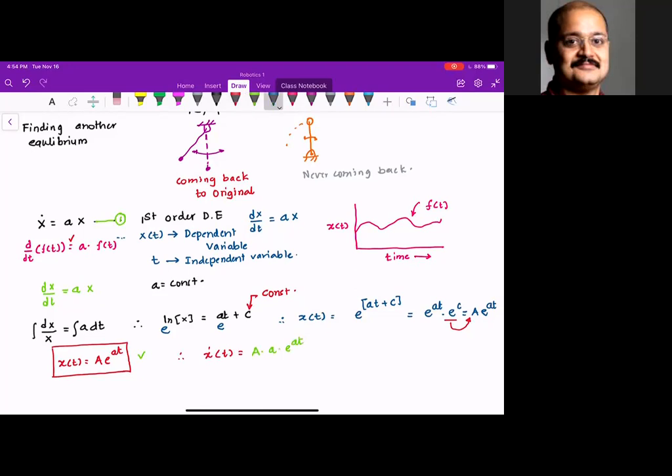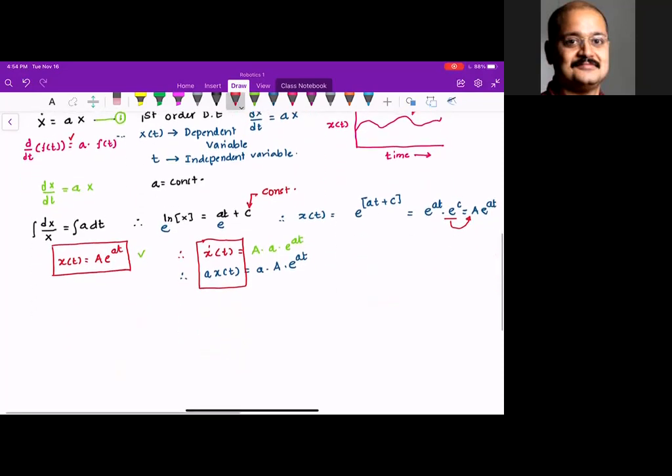Now please note, what is ax(t)? ax(t) is a e to the at. So as you can see, the left hand side is equal to right hand side. That's why what we have found out is the solution of the differential equation.